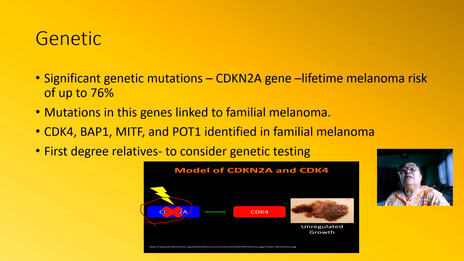People with these inherited mutations often develop melanoma at a younger age, and may develop more than one primary melanoma during their lifetime. Research has shown that individuals with a CDKN2A mutation may have a lifetime melanoma risk of up to 76%.